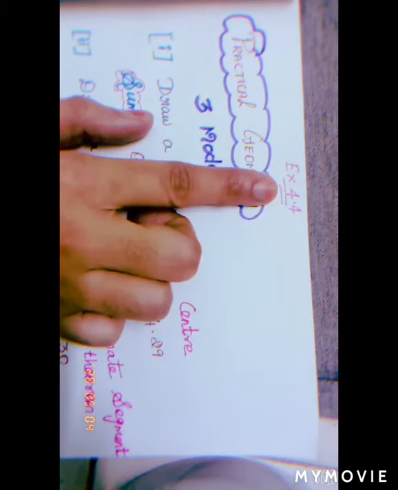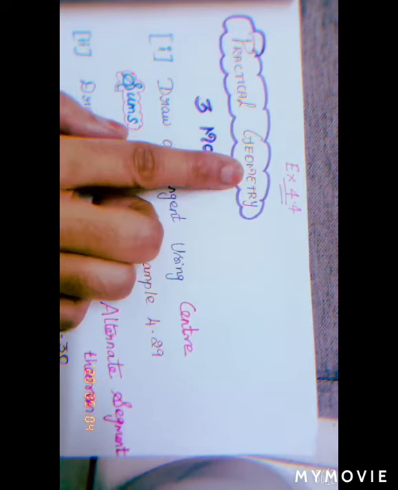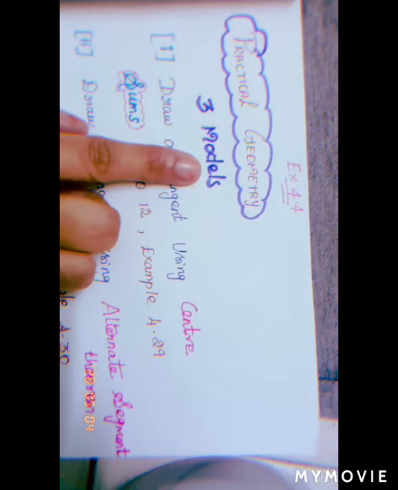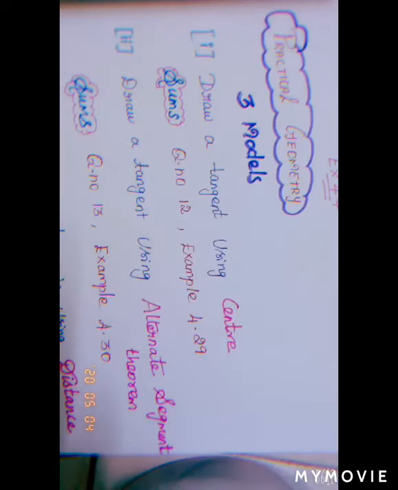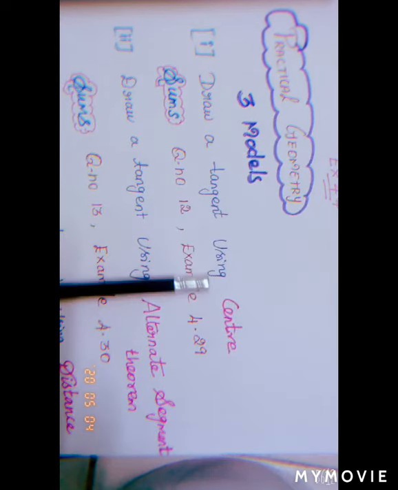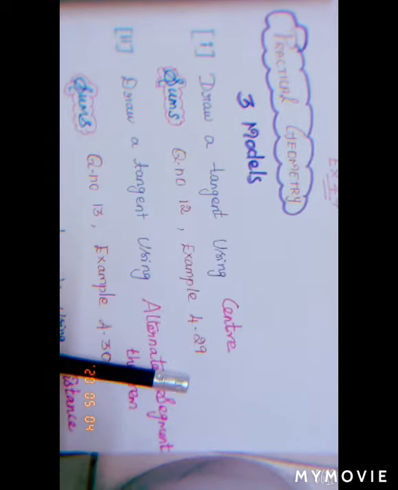From exercise 4.4, we are going to do practical geometry. We have got three models in this exercise. The first model is draw a tangent using center: question number 12, example 4.29.